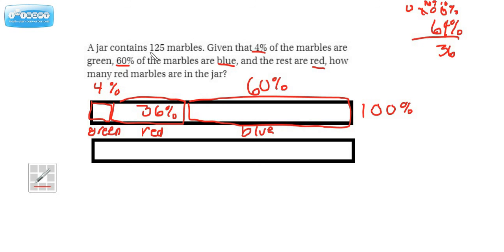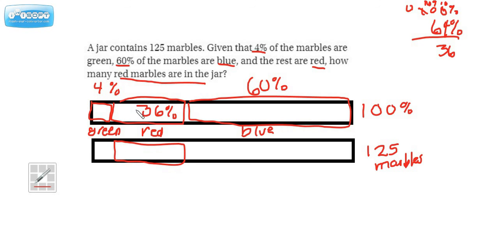Now we need to know the actual quantities. So the all of it number, we're going to put that over here. There's 125 marbles in the jar. And they're interested in how many red marbles are in the jar. So we need this number right here, the red number.